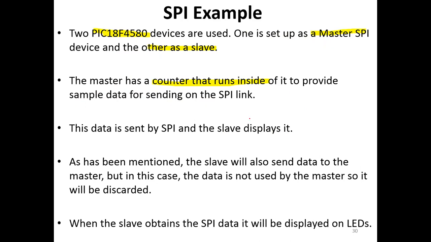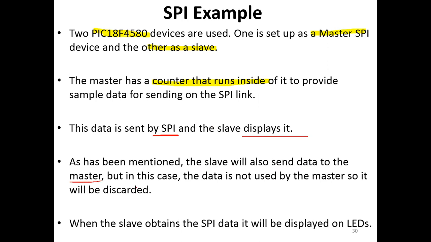That means you have a counter within the first microcontroller, and you just have to send the value of this counter to the second device. So the data is sent by the SPI, and the slave has to display it. The slave will receive the data by using the SPI mode and will display the result by using port B. As has been mentioned, the slave will also send data to the master, because we have seen that the data transfers in a loop.